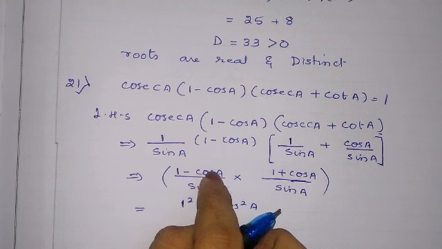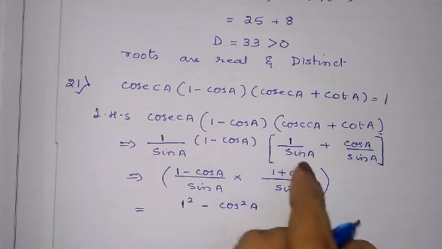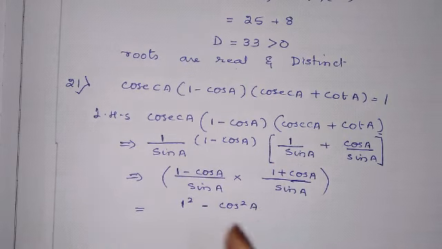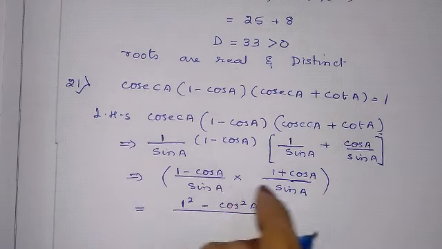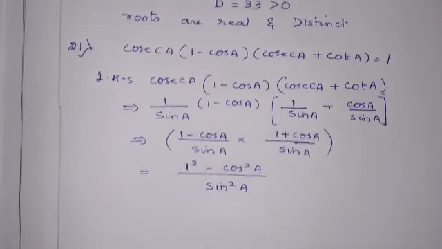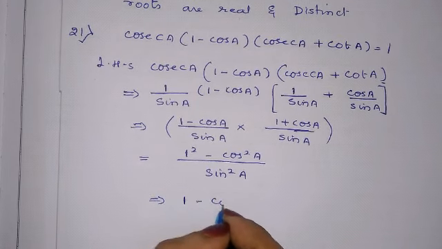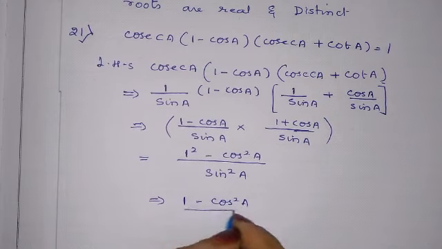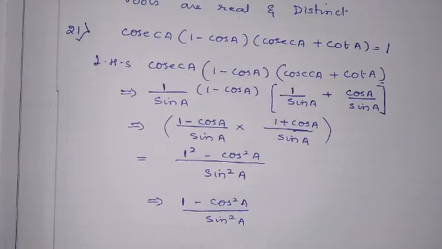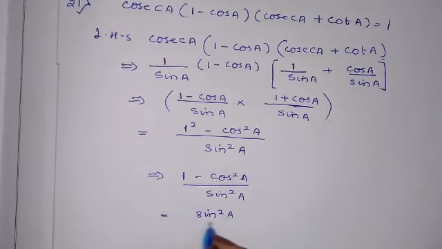So 1 square minus cos square A upon sin A into sin A, which is sin square A. We know the identity 1 minus cos square A is sin square A. So I'll write sin square A upon sin square A.